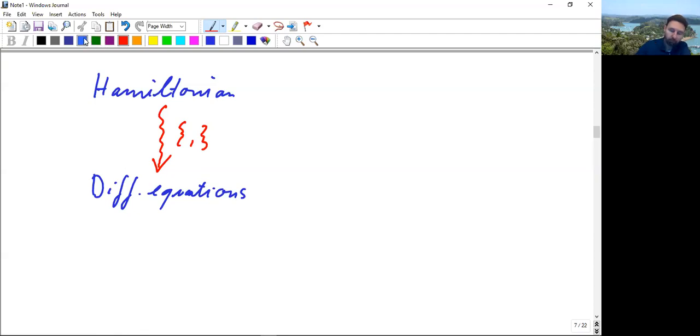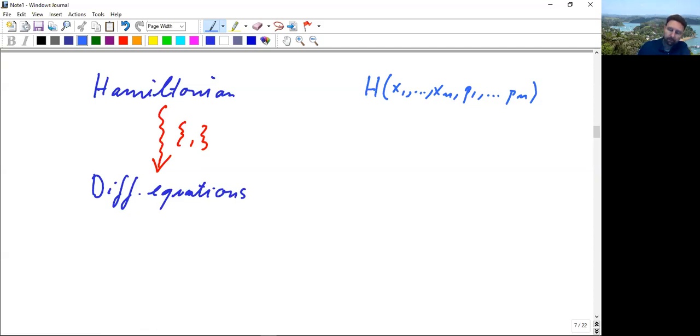Well, we have the Hamiltonian H, which is a function of all of the x's and all of the p's: x1 through xn, p1 through pn, all of them. The Hamiltonian is some expression in the positions and the momenta, right?